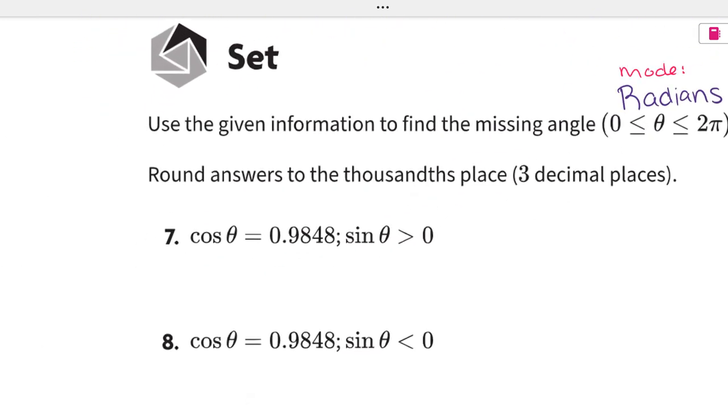To find theta, when we have cosine of theta, we want to take inverse cosine of 0.9848. Now there are two places that cosine is positive, right? Quadrant 1 and quadrant 4.